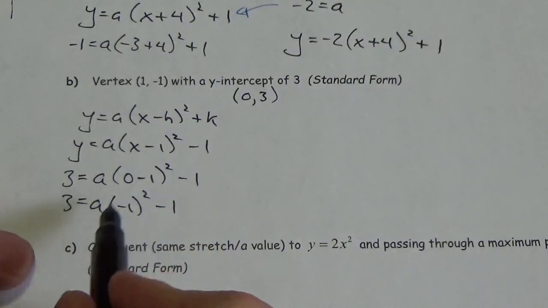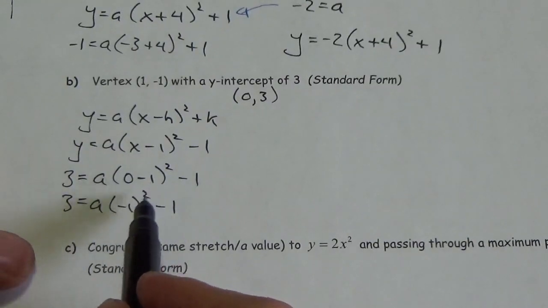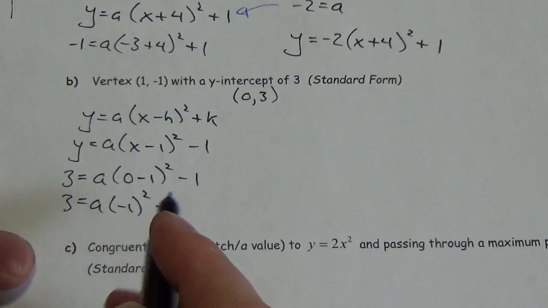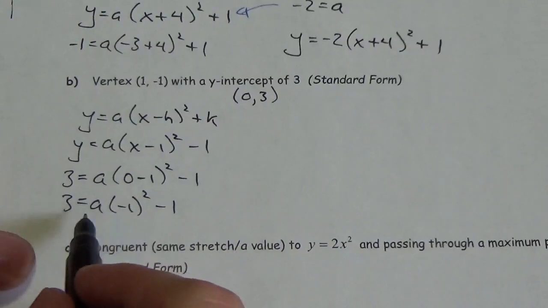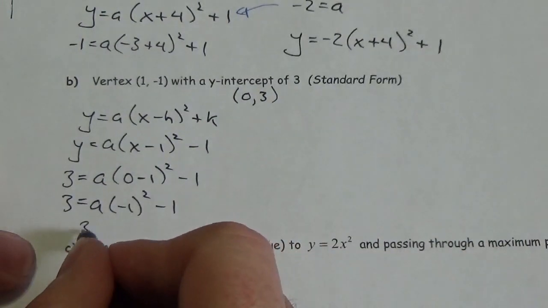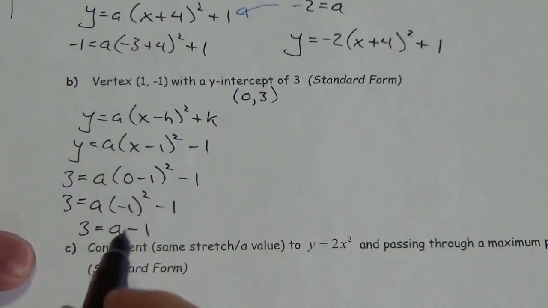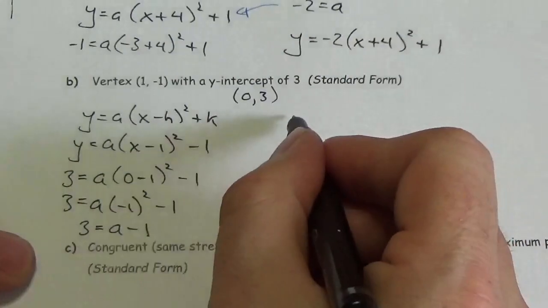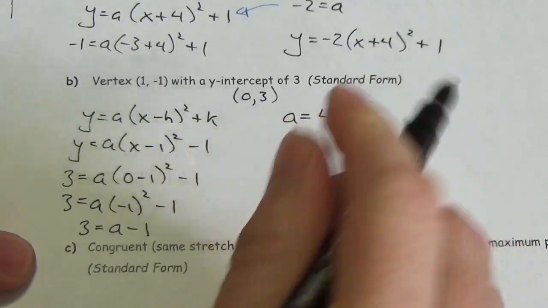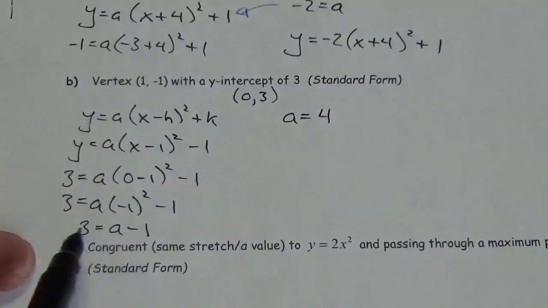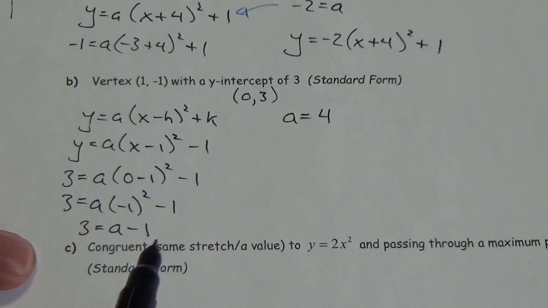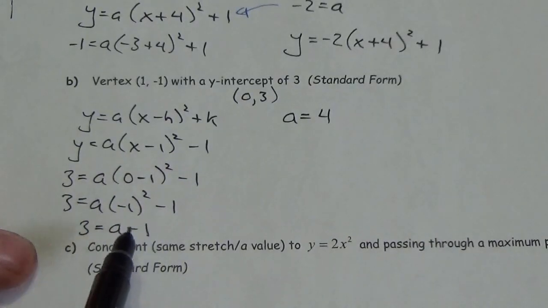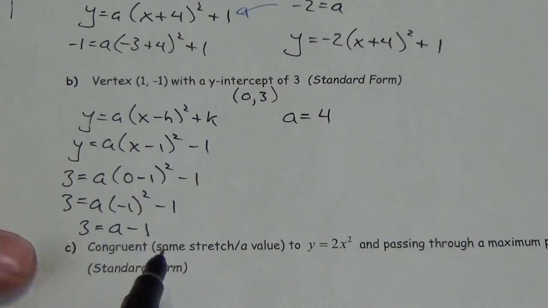And again, I'm going to do the exponent on this. I'm going to deal with this first. Negative 1 squared is just 1. Multiplied by a is just a. So this is going to be 3 is equal to a minus 1. And when I bring that 1 over, I'm going to get that a is equal to 4. I'm just going to add the 1 to both sides, okay? Because in order to get rid of that negative 1 on this side, I need to add a 1.